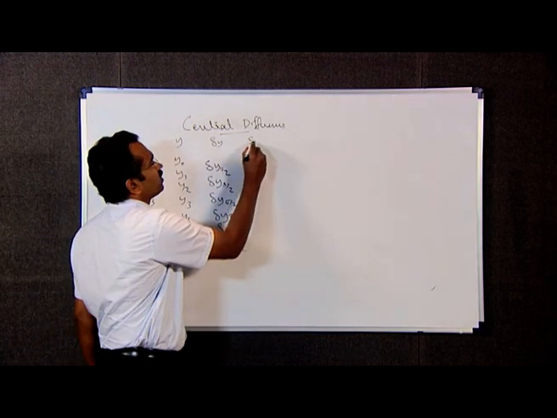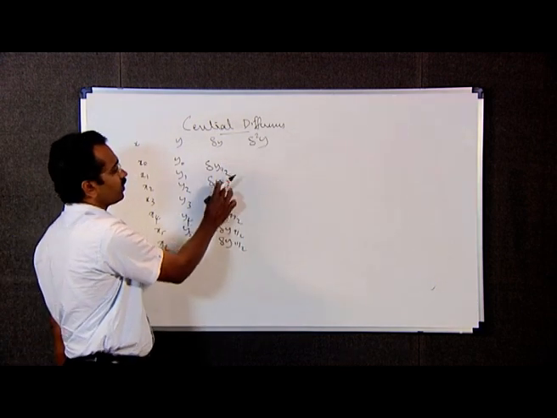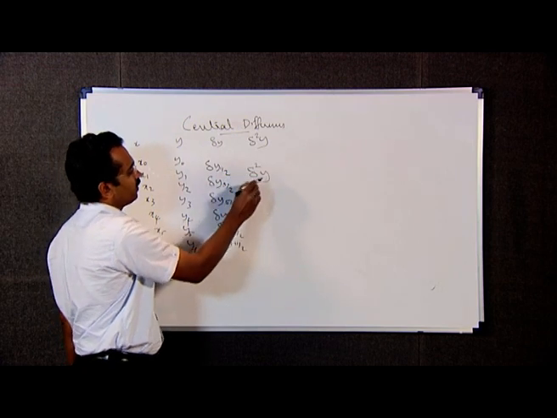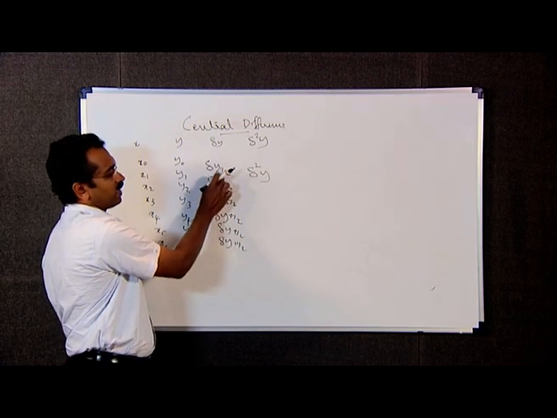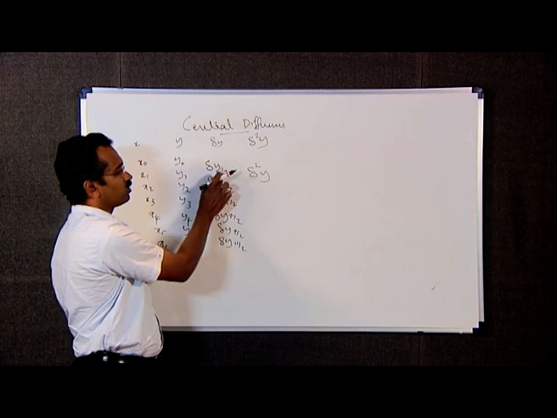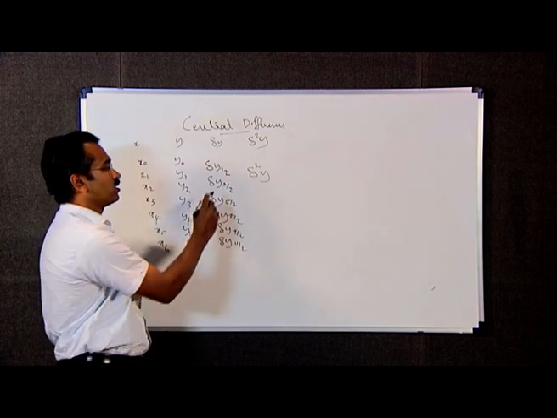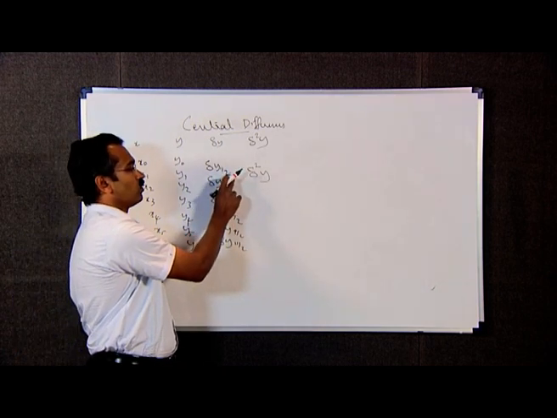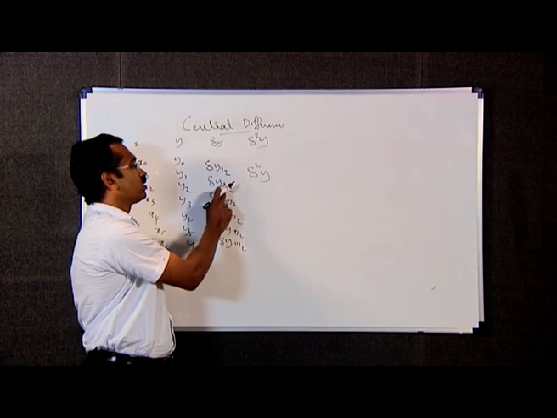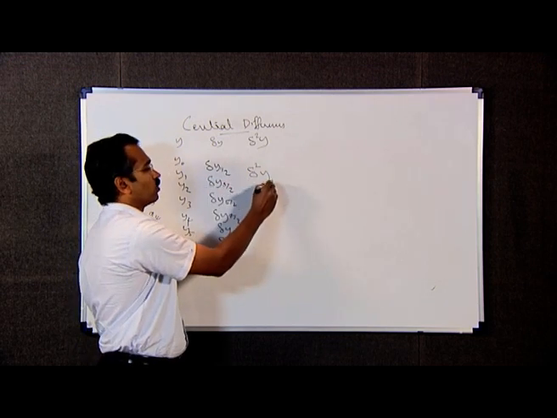The second differences are delta square y, in suffix take the averages of 3 by 2 and 1 by 2, that is 3 by 2 plus 1 by 2 all divided by 2, that is 2 by 2 is 1.